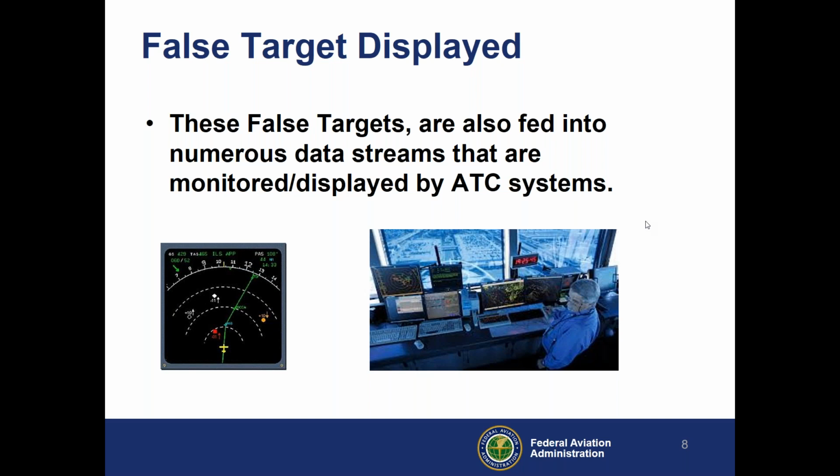And in fact, when the controller is looking at their radar presentation, but really what it is is a traditional traffic video presentation, the airplane they see may be being interrogated by 3, 5 different radars.